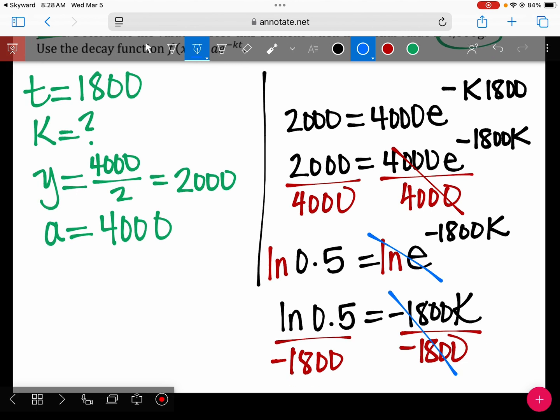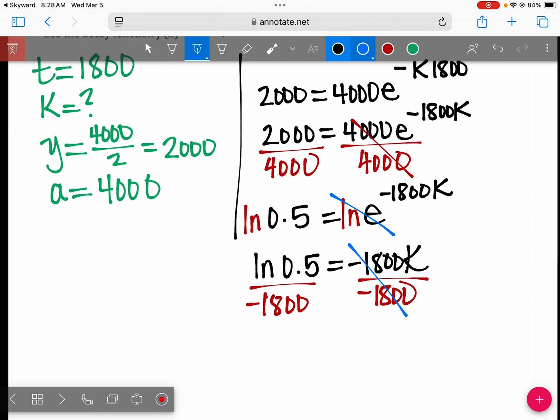So go ahead, pick up your calculator. Okay, it's going to be natural log of 0.5 divided by negative 1800. Divide that in your calculator and see what you get.